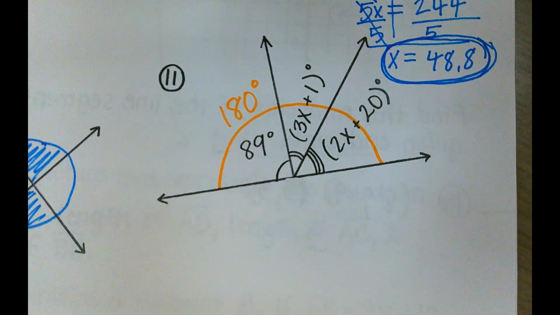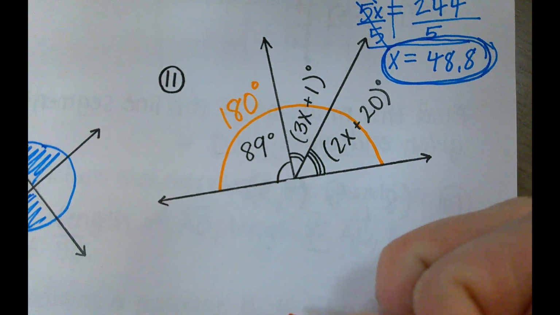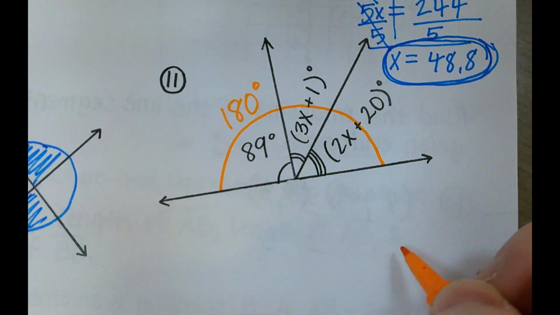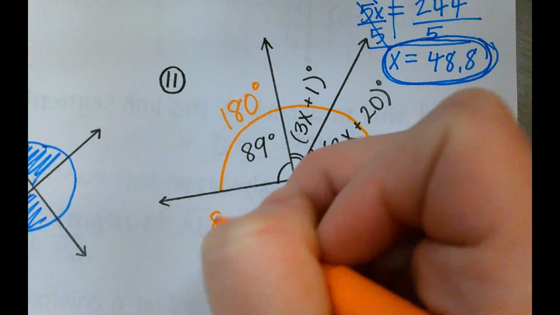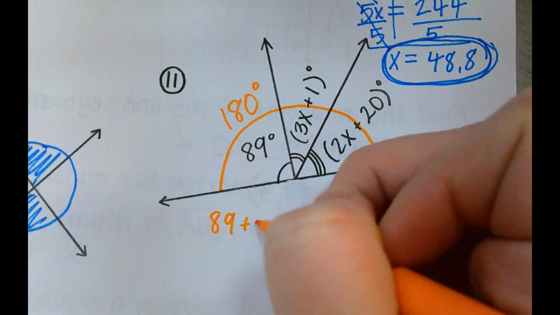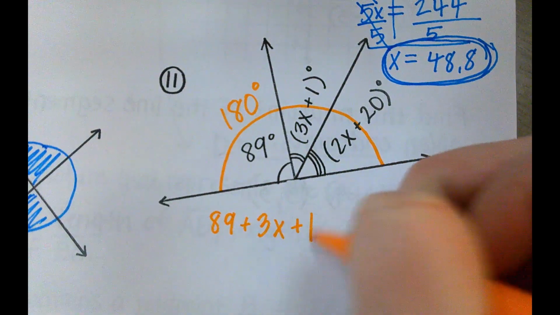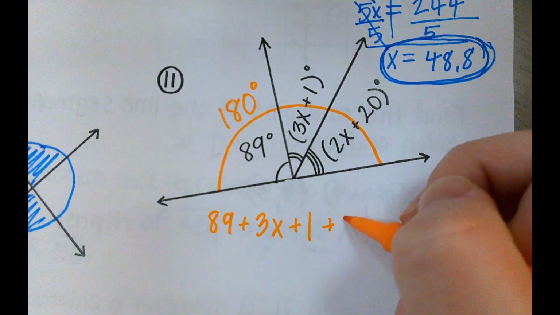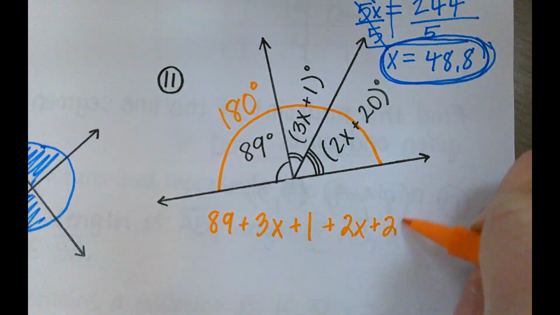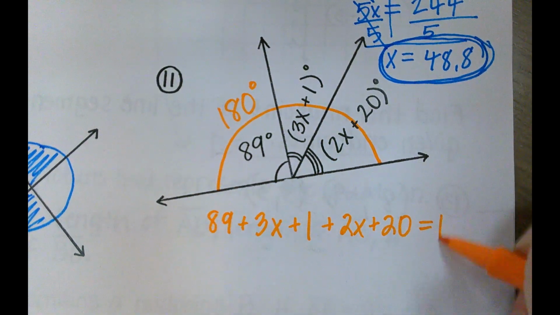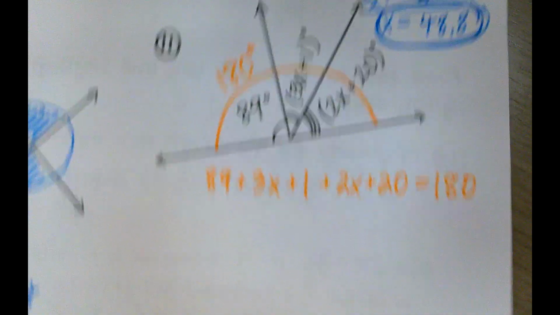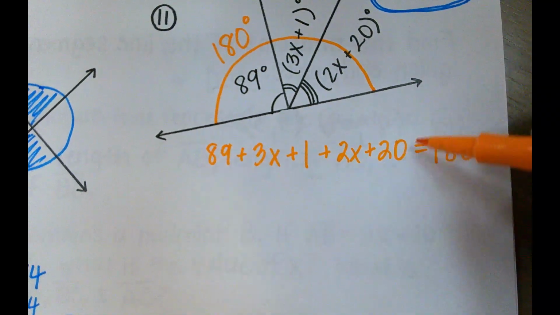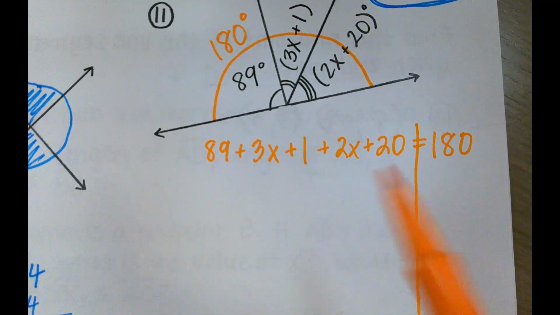So if these three angles add up to 180, what is a good equation I could write? 89 plus 3x plus 1 plus 2x plus 20 equals 180. And then you add your like terms. You've got a lot of them on this one too.